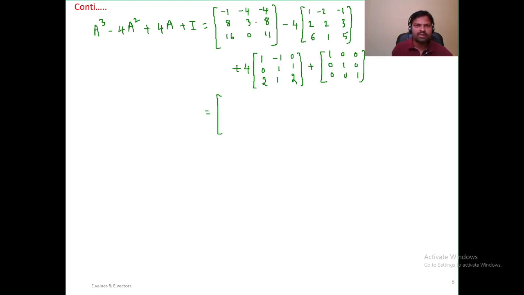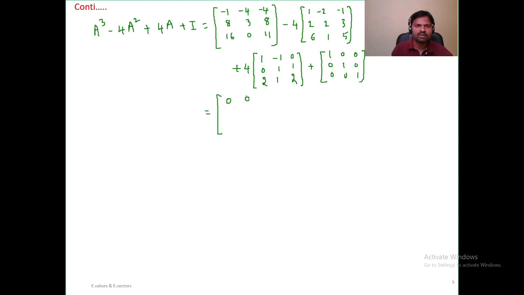Let's simplify. Minus 1 minus 4, how much? Minus 5. Minus 5 plus 4 is minus 1, minus 1 plus 1 is 0. Next, look at this entry: minus 4 plus 8, minus 4 into minus 2 plus 8, minus 4 into 4 plus 8. So minus 4 plus 8 plus 4 plus 4 minus 4, 0, and plus 0, 0.